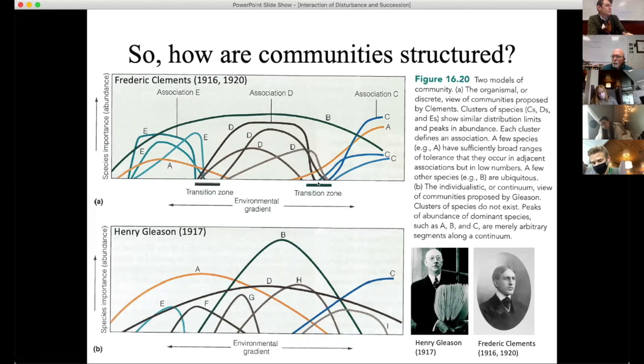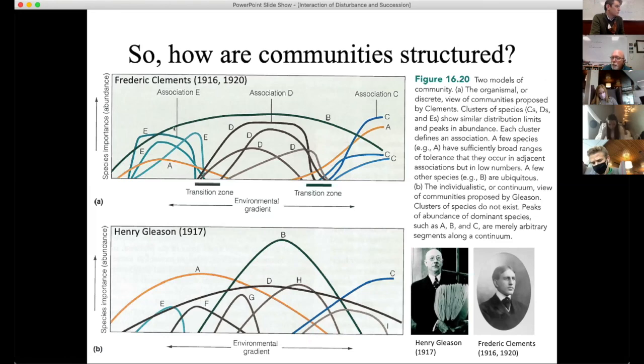And then there's a narrow transition zone that shifts over into another community. And this environmental gradient can be an environmental gradient such that those environmental variables are changing on the same plot of land over time, or it can be a transect where you see the environment changing from one spot on the map to another spot on the map to another spot on the map.